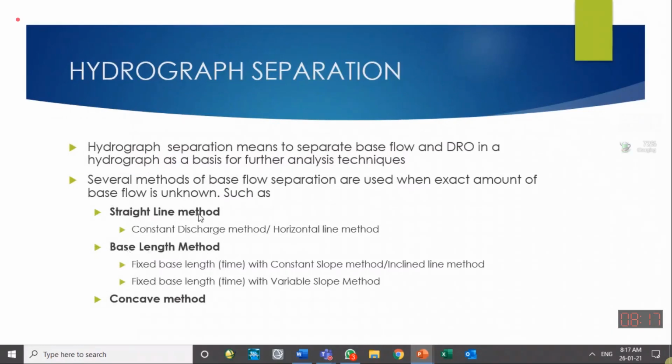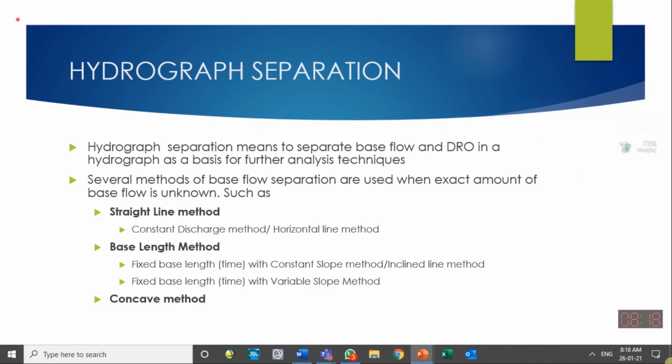In the straight line method, we assume that base flow has a certain value, usually from the start of the direct runoff, where from the shape of the hydrograph we select by our judgment where the direct runoff has started. Usually if there is a receding curve and when it starts increasing, then we say that this lowest part is the base flow.